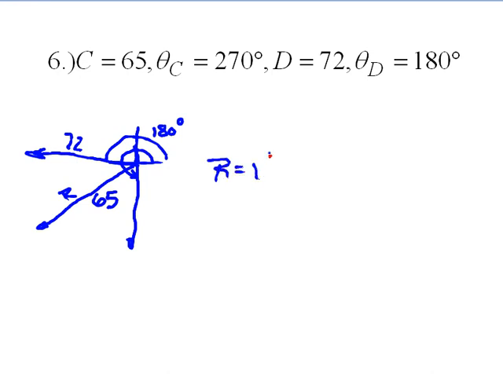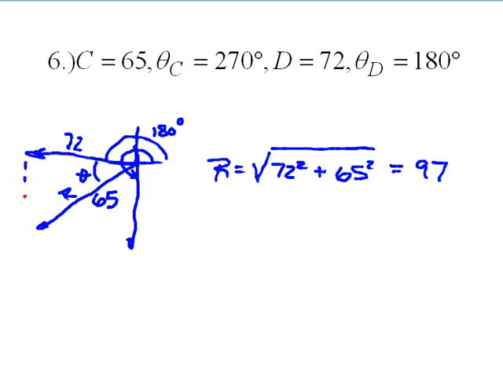R equals the square root of 72 squared plus 65 squared, and we end up with R equaling 97. So that is the magnitude. Now we have to find theta, and that would be this theta right here. It always comes from the x-axis.